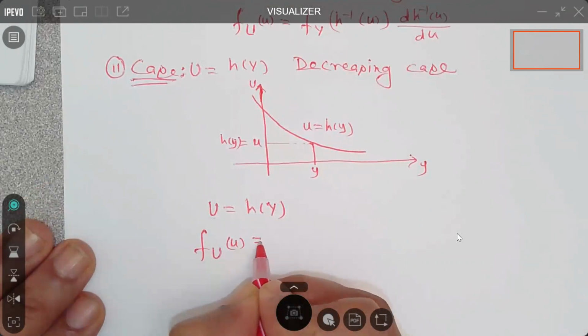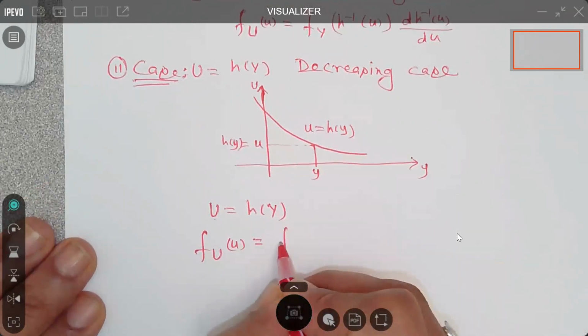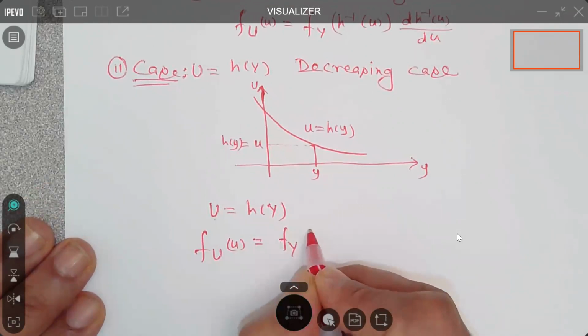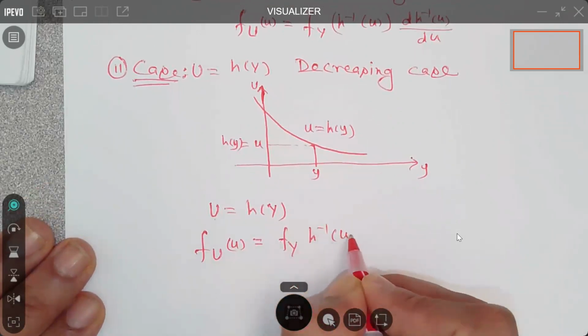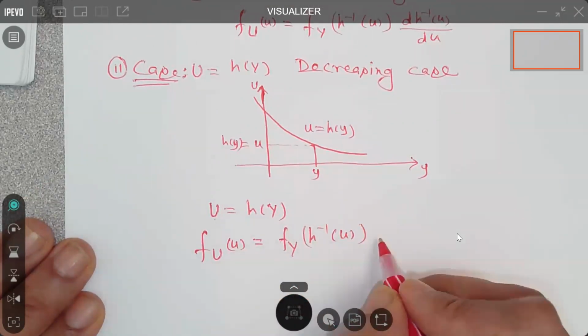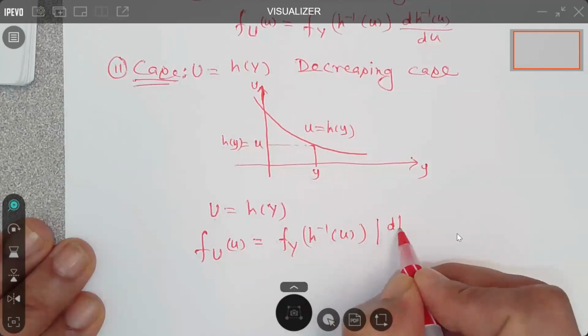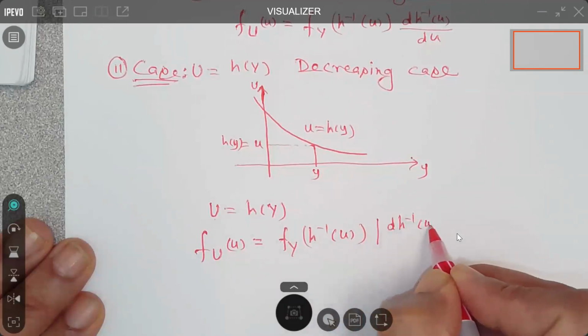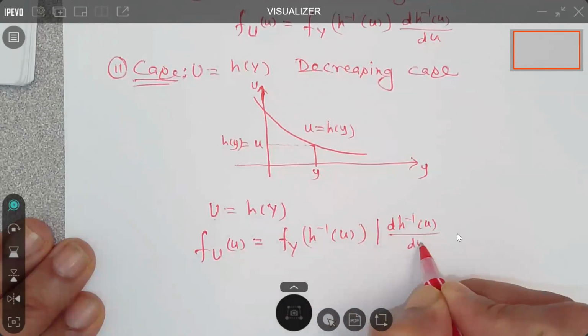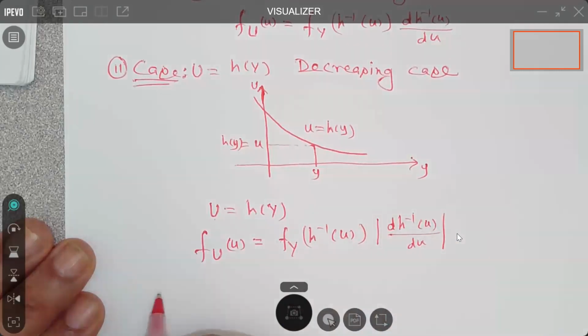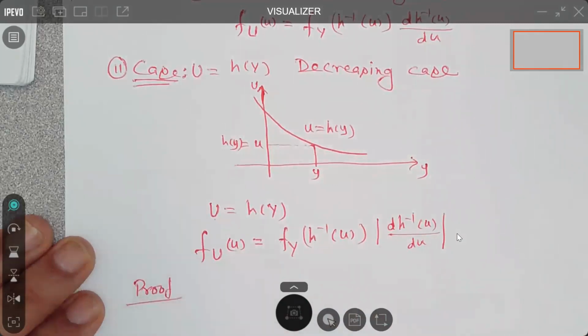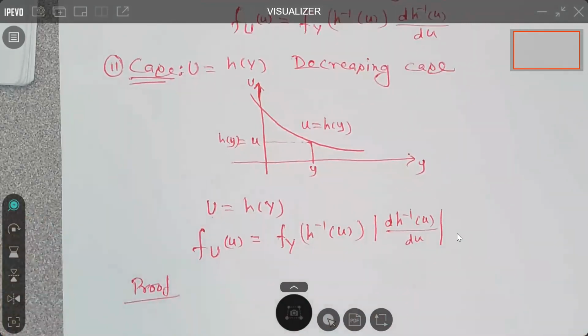So this is equals to f_Y(h inverse u) times d h inverse u. Okay, now we want to prove this one.